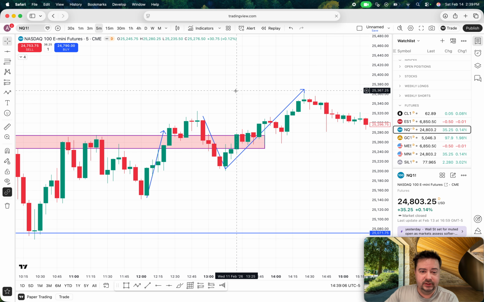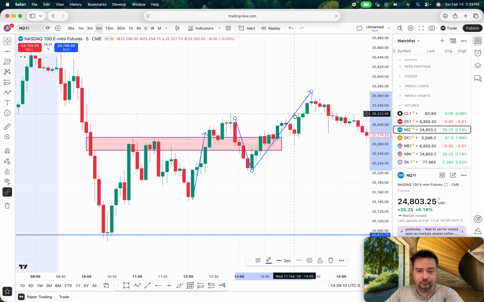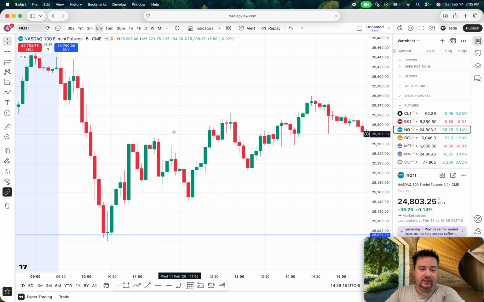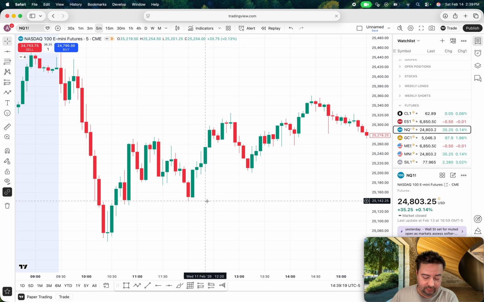Okay, and these happen on all time frames. It doesn't matter if it's a 3 minute, 1 minute, 5 minute, a daily chart, whatever. Fair value gaps happen. And so that's why they're beneficial to us.